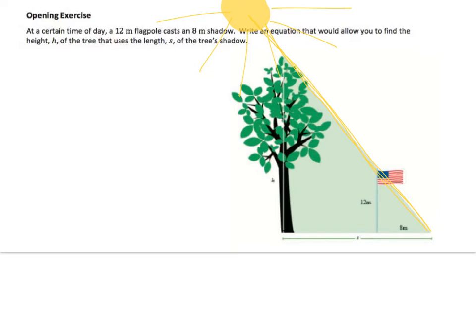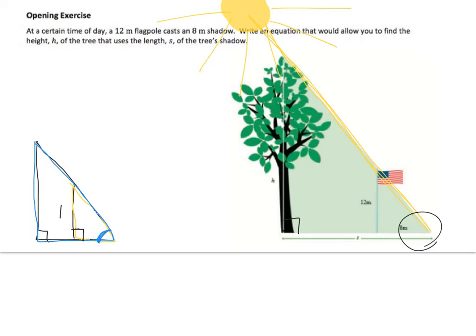What we see here is I've got a triangle, and it's two similar triangles because of angle. There are my two angles that are congruent, the 90-degree one and this one, only because the triangles share this angle, and by the sun casting a shadow, we know that the 90-degree angles are equal.